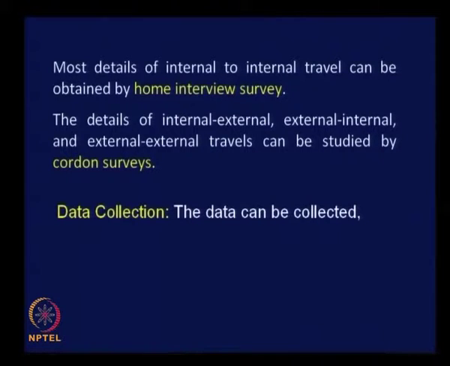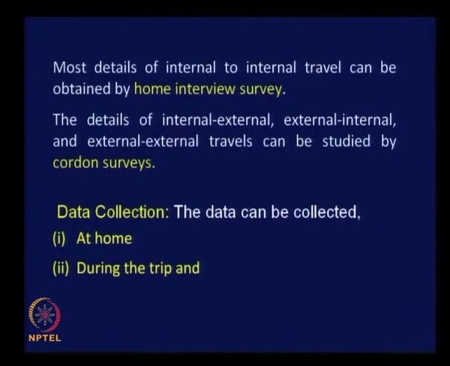And data collection in general can be done in 3 possible ways. You can meet people at home and collect the information about the trips made by each member of the family, right. That is one way.